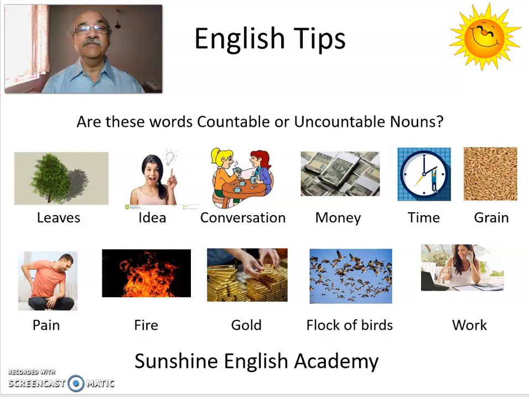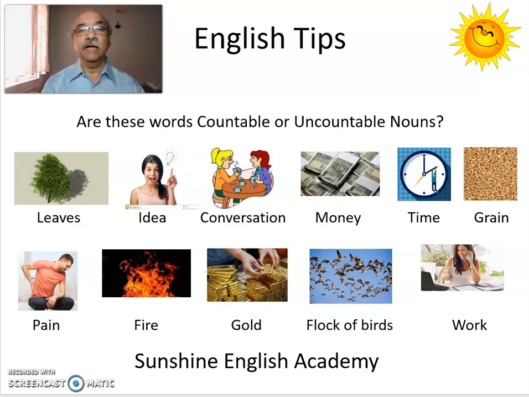The word leaves is the plural form of leaf, and therefore this is a countable noun. Any noun which has a singular and plural form is countable. Also, I can put a number before the word and say, these are 6 leaves.